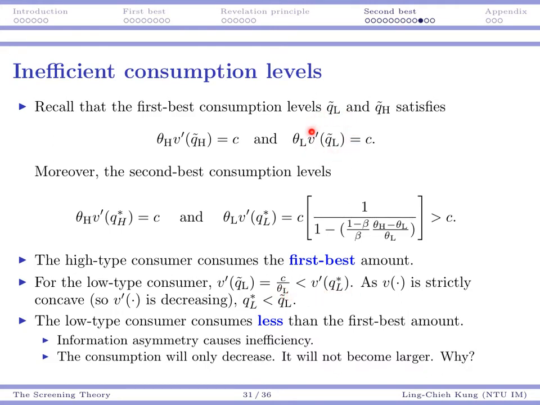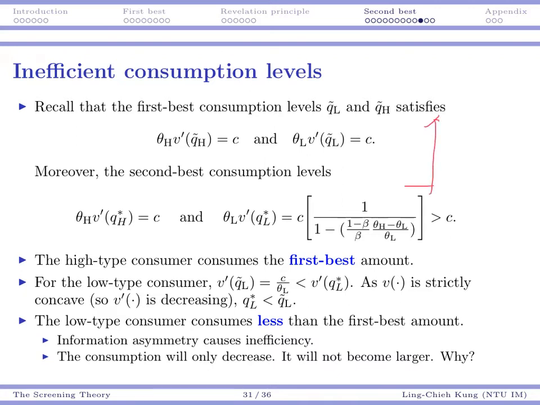Your V prime of Q tilde L should be less than your V prime of Q star L. And because V is increasing and concave, that means V prime is decreasing. Okay, the slope of this function is decreasing. And what does that mean?